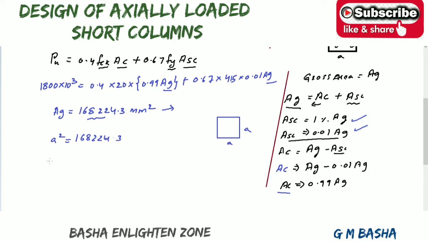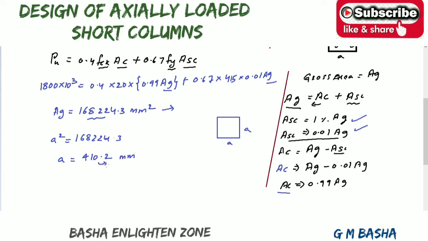So square root of A square will be equal to, and again A equal to the square root of this value. If you simplify again this value, you will get A value will be equal to 410.2 in mm.